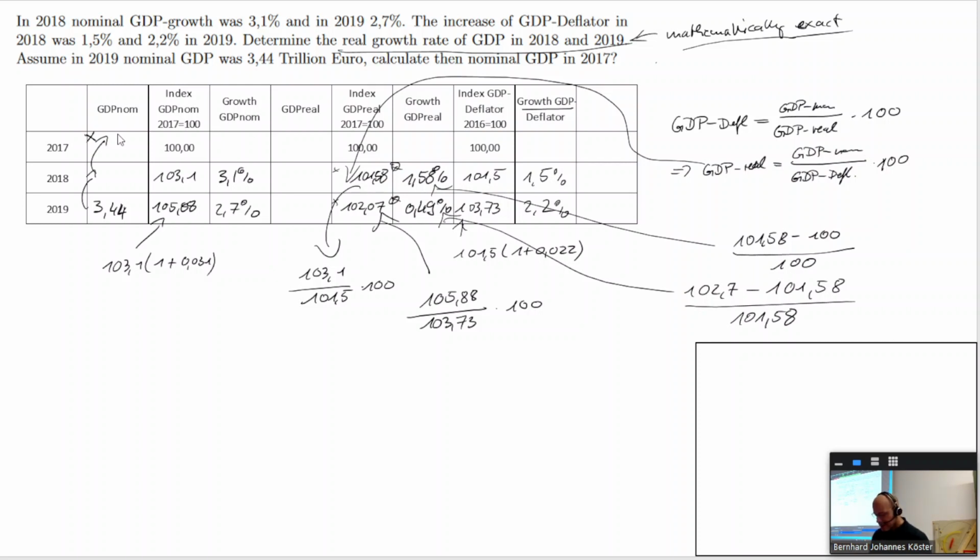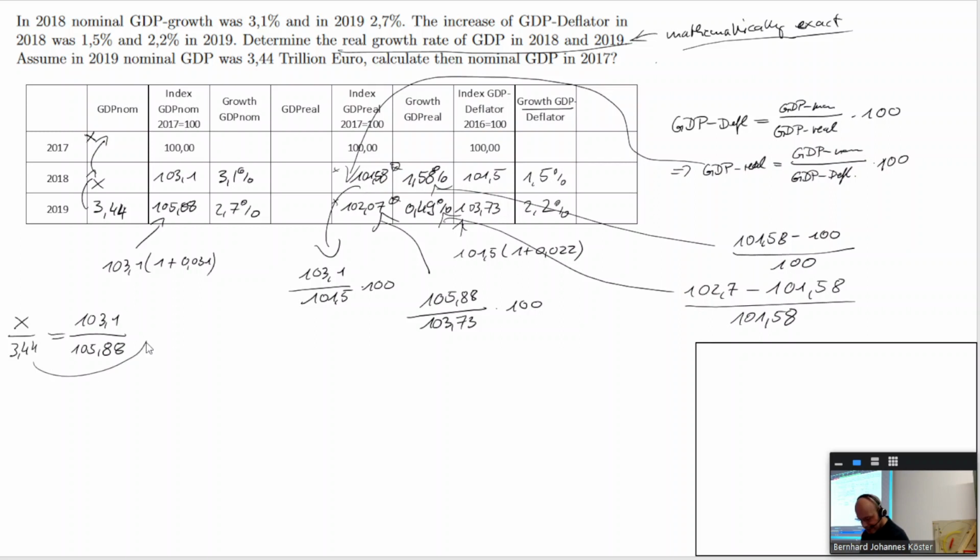We of course know that 105.88 over 103.1 is 2.7%. So what we need, if we call this x, x over 3.44 is 103.1 over 105.88.